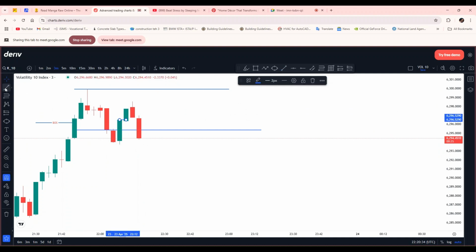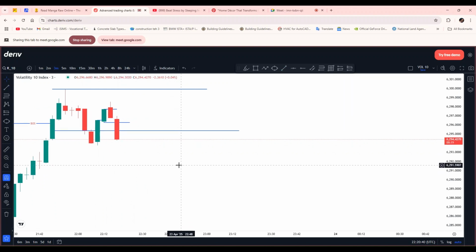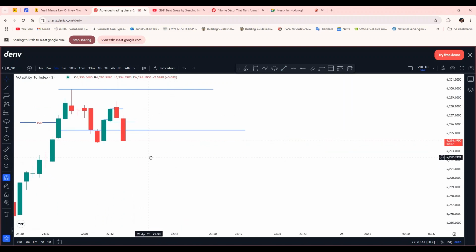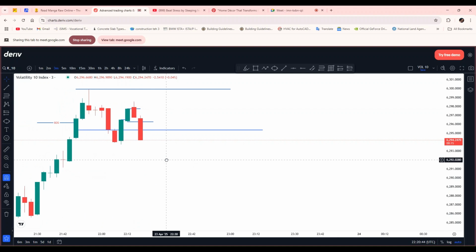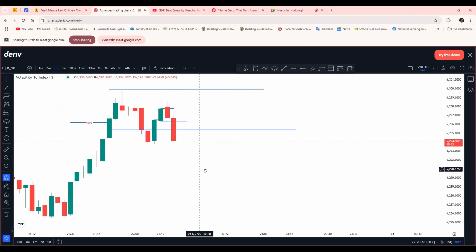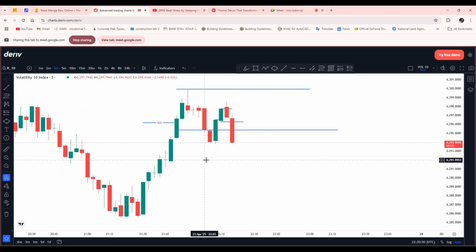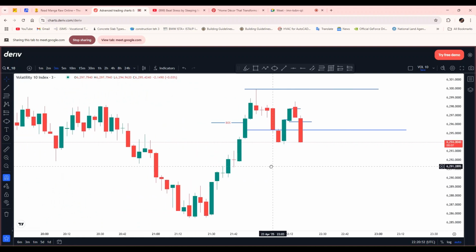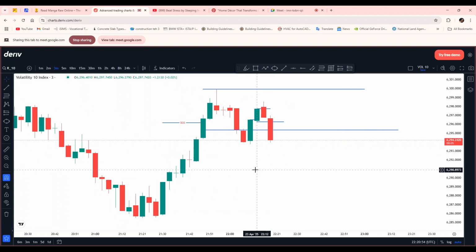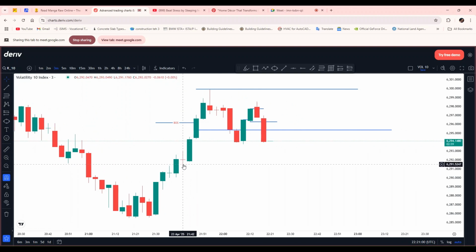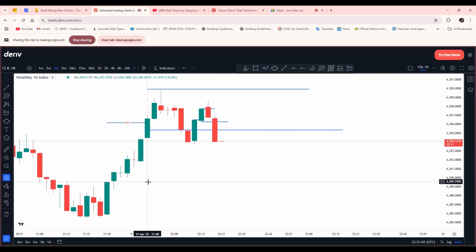Let's break up structure at this point. Let's see, we have a bearish candle here, small bearish candle.